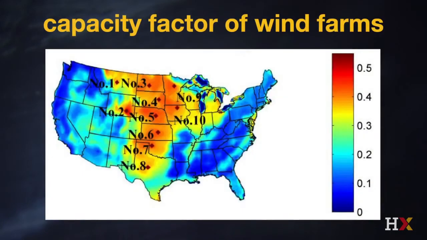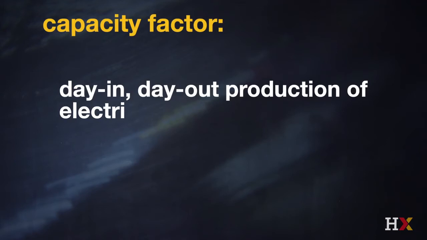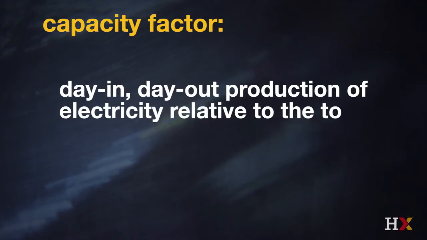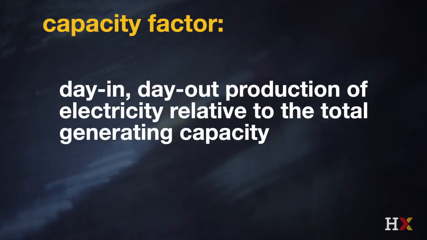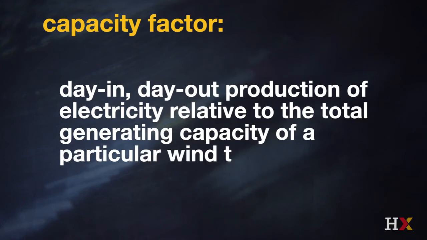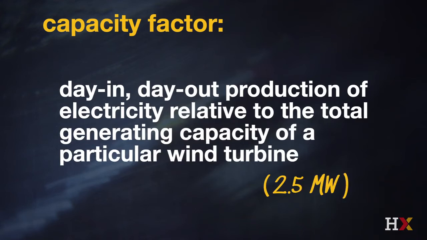So now let's look at the capacity factor for wind generation on the high plains of the central United States. And the capacity factor simply means the day in, day out production of electricity relative to the total generating capacity of a particular wind turbine. And a typical wind turbine puts out about 2.5 megawatts of power.